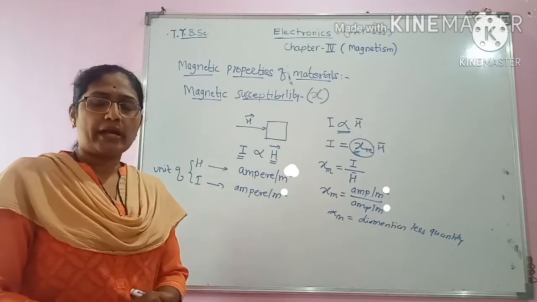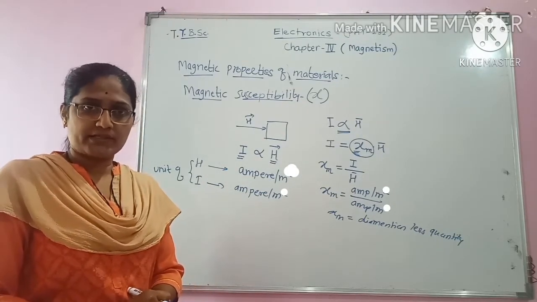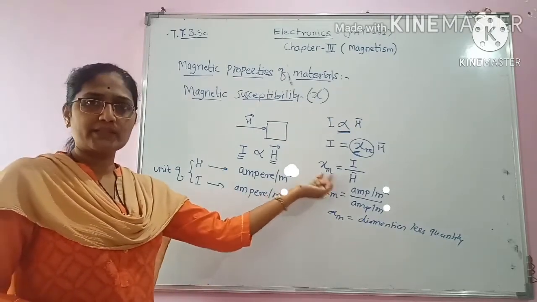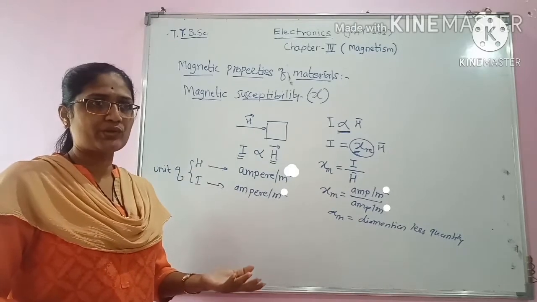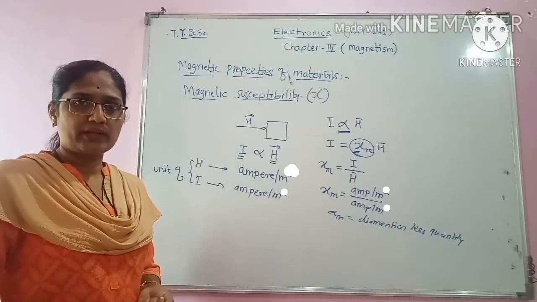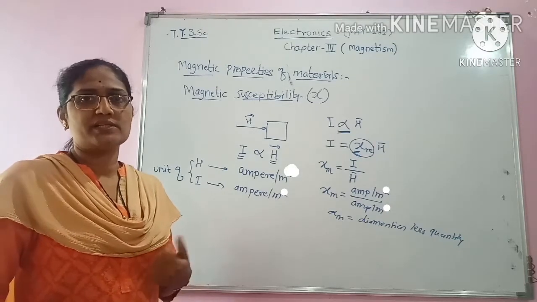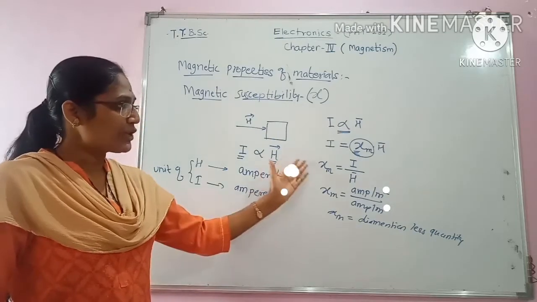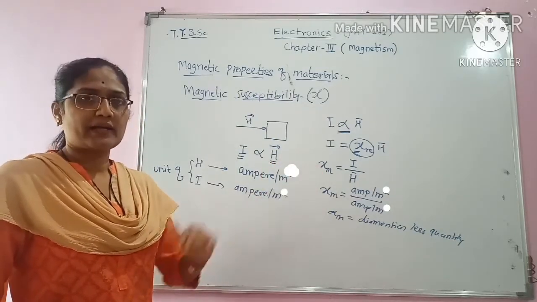It means that magnetic materials are classified on the basis of the value of the magnetic susceptibility. In future lectures, we are going to see various types of magnetic materials such as diamagnetic materials, paramagnetic materials, ferromagnetic materials, and based on this, the magnetic materials are classified.